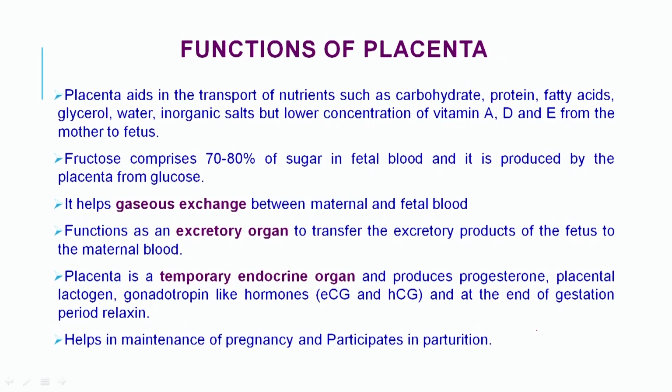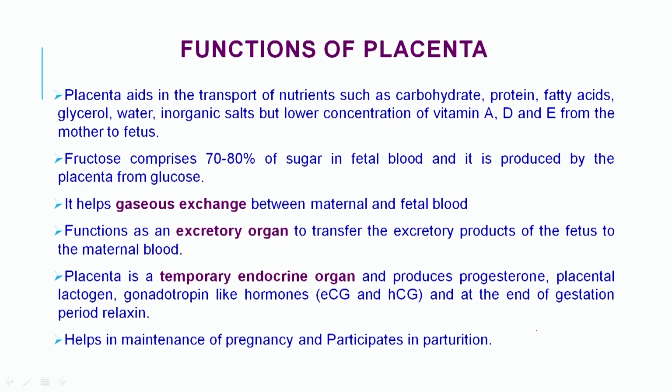Coming to the function of the placenta, the placenta aids in the transport of nutrients such as carbohydrate, protein, fatty acid, glycerol, water, inorganic salt, but lower concentrations of vitamins A, D and E from the mother to the fetus. Fructose comprises 70 to 80% of the sugar in the fetal blood, and it is produced by the placenta from glucose. It is involved in gaseous exchange between the mother and the fetus.